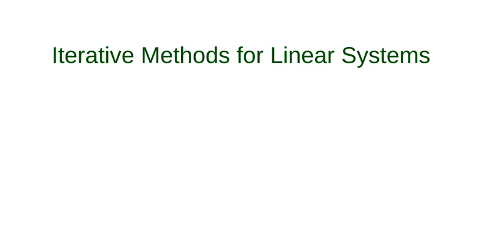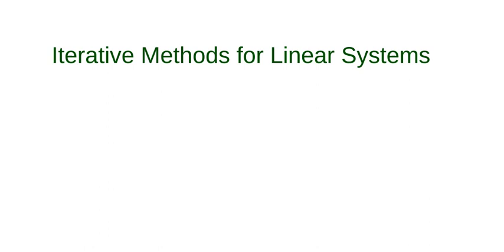In the following lectures, we will study iterative methods to solve linear system of equations. So mainly we will study three iterative methods: Jacobi, Gauss-Seidel, and successive over relaxation techniques.